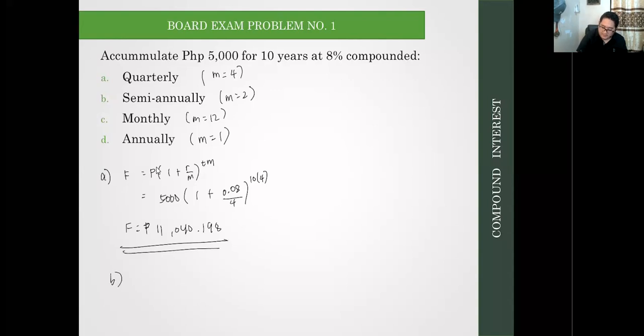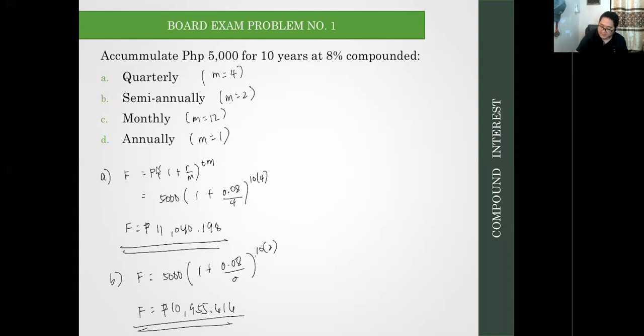For semi-annually, F is equal to, only the value of M changes. So this will be 2, so 10 times 2. We have 10,955.616 pesos for semi-annually.